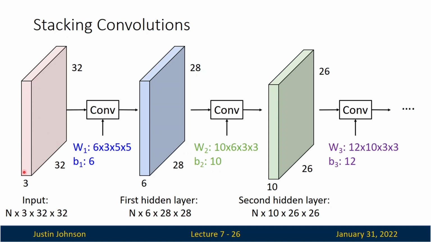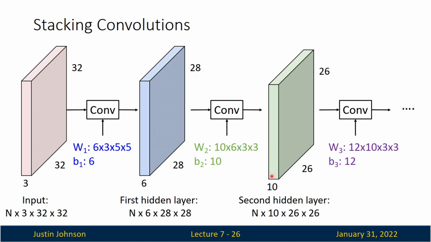Because the input width and height are 32 by 32, and the kernel size is 5 by 5. From the first possible location to the last possible location, how many positions can it go through? It will be 32 minus 5, because the width of the kernel is 5, plus 1, because you can go from the beginning to the end. So 32 minus 5 plus 1 is 28.